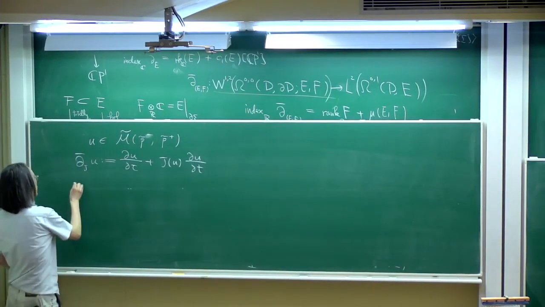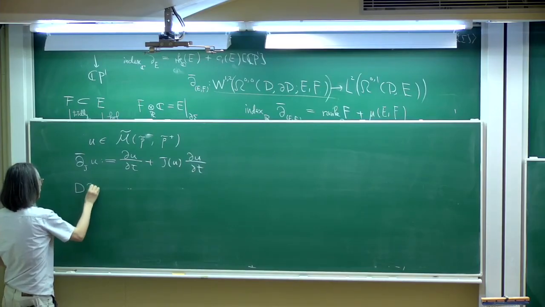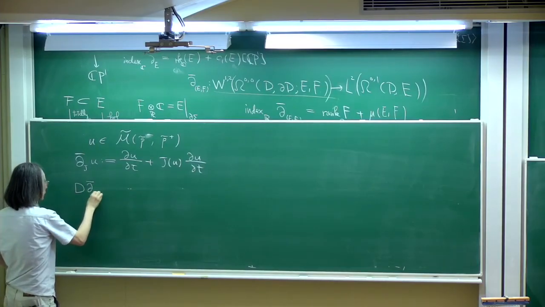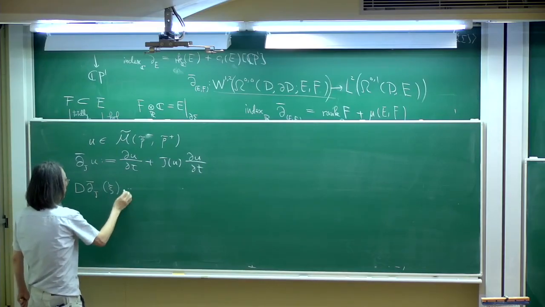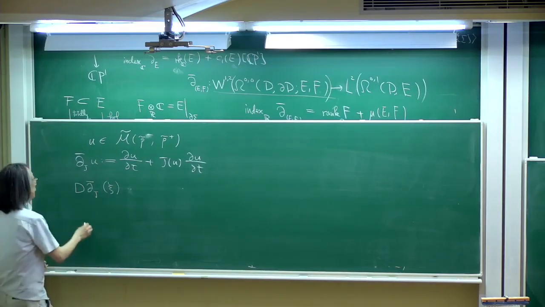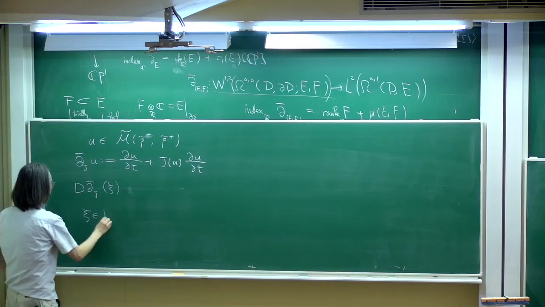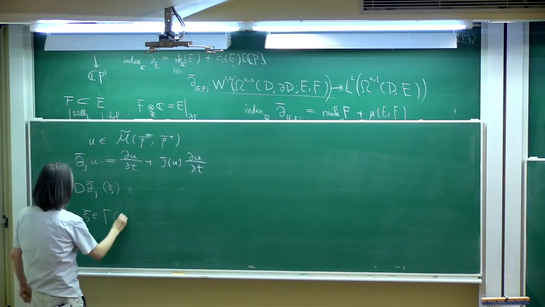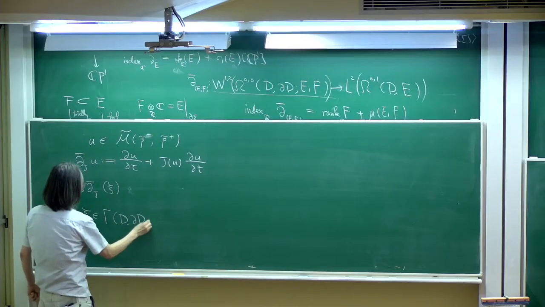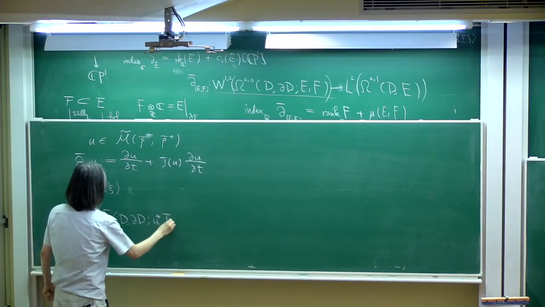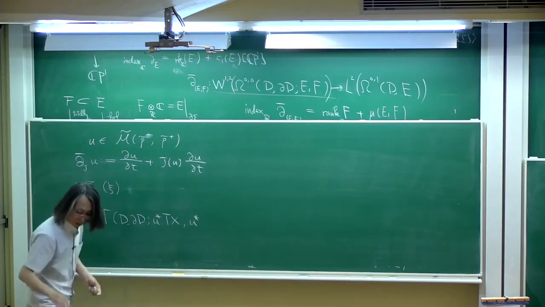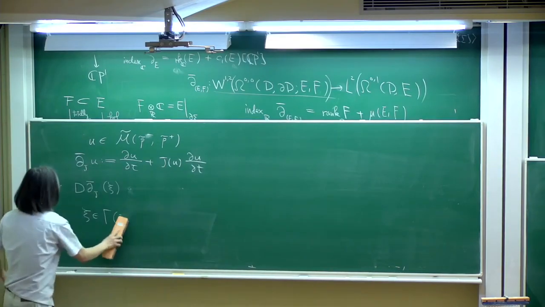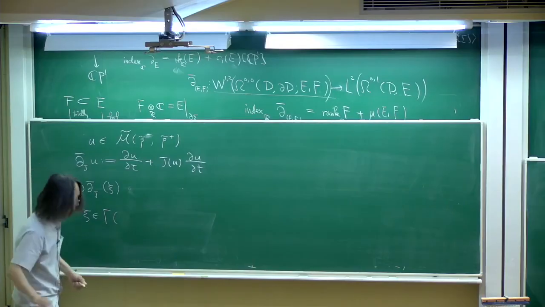And then what is the linearization operator of this? What is the linearization operator of this? So maybe this xi is a section of this.